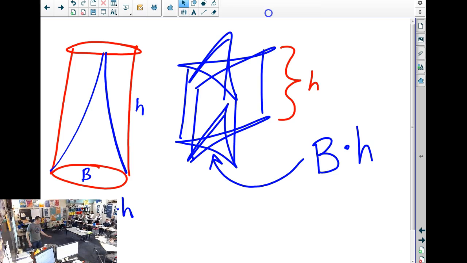That's the same rule for the pyramid. 1/3 times Big B, whatever the base area is, times the height. Now, height here is a bit harder. You have to go from the bottom up to that point. You have to seriously, off the table, how high is it? You can't just measure this edge because that'll be too long. That's actually going to be longer than the direct height from the table. So it gets a bit difficult.